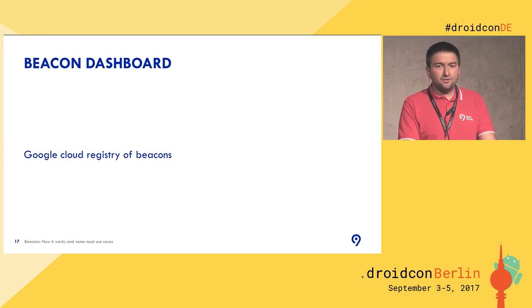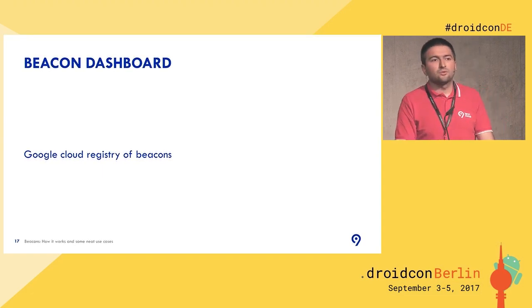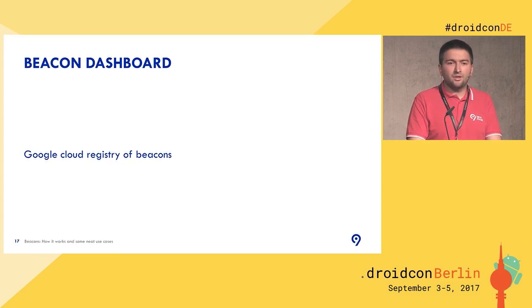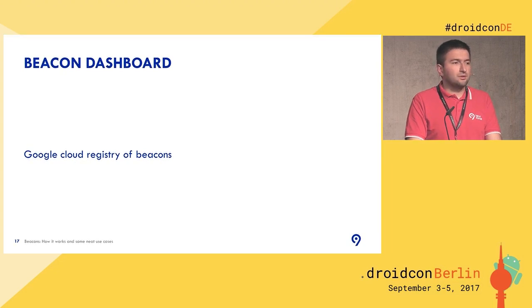You can manage your own infrastructure, your own list of beacons, set their locations, their IDs, etc. You can also, using the power of Google Cloud, share that infrastructure to be used by other parties, other apps. Or you can even make it public, so anyone can build an app that uses your beacons.